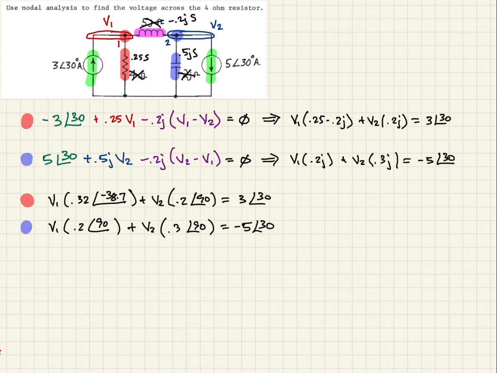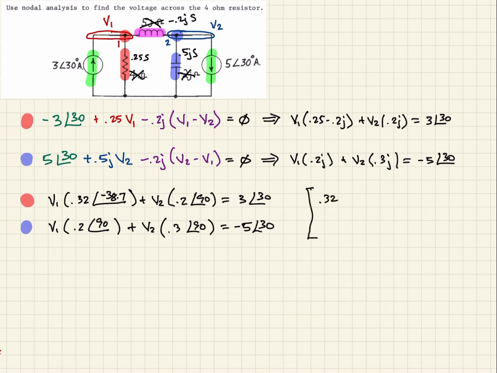So now we basically have two equations and two unknowns. There's a number of ways that we could solve that. In this case, we really only need V1, so we can write the general vector form.